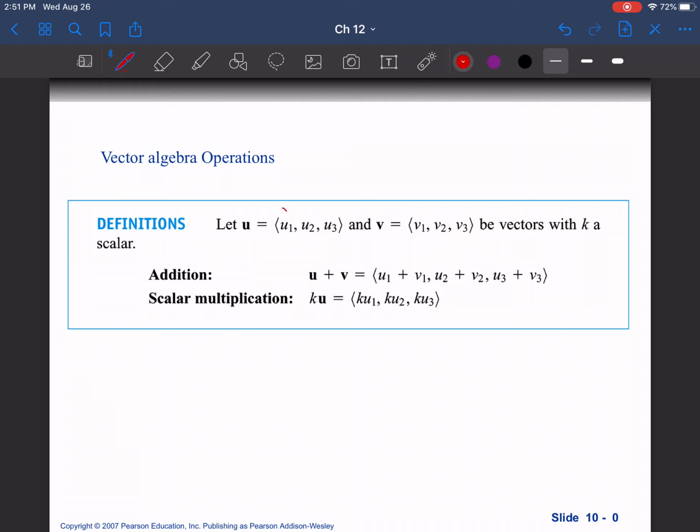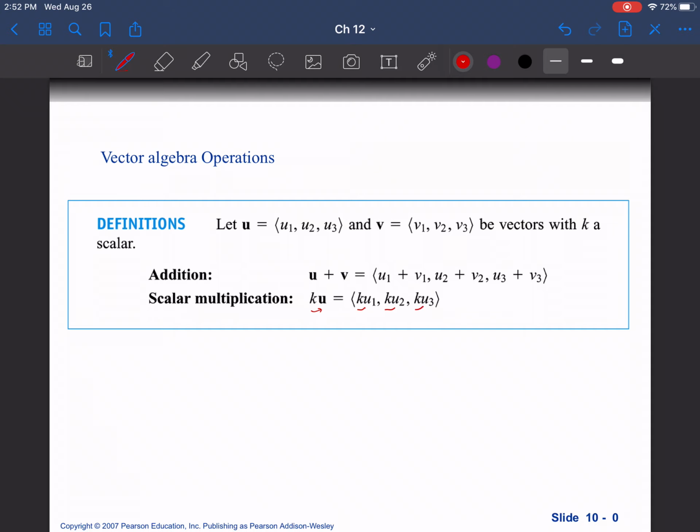So we take the sum of the two x components, then the sum of the two y components, and then the sum of the two z components. You just add the components. And then scalar multiplication is just multiplying through onto each component: k times the x component, k times the y component, k times the z component.